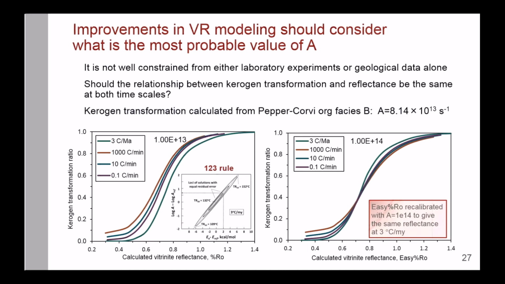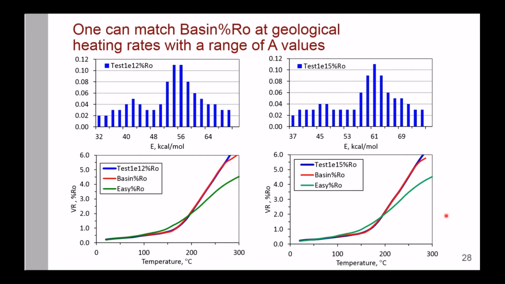So I have dozens of trial models. It's not difficult. You can calibrate a model at geologic conditions, as agrees with Basin Ro, with a frequency factor that ranges from 10 to the 12th to 10 to the 15th, and there's no practical difference. These were just simple manual fits.